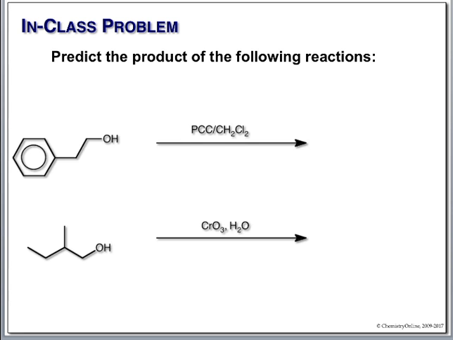I can just come up with reactions all day. Remember, PCC is special because it will stop at the aldehyde stage. That means we're going to make this a carbonyl, has a hydrogen attached. It will simply be the aldehyde.